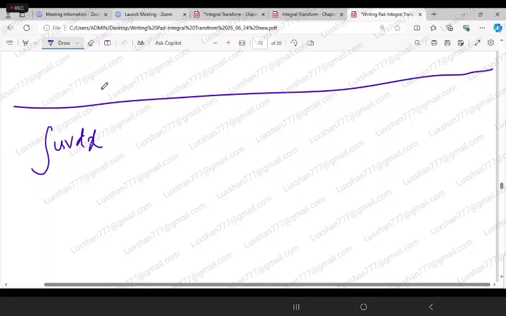You can say u into v1, minus u dash into v2, plus u double dash into v3, minus u triple dash into v4 and so on, where plus and minus alternate.